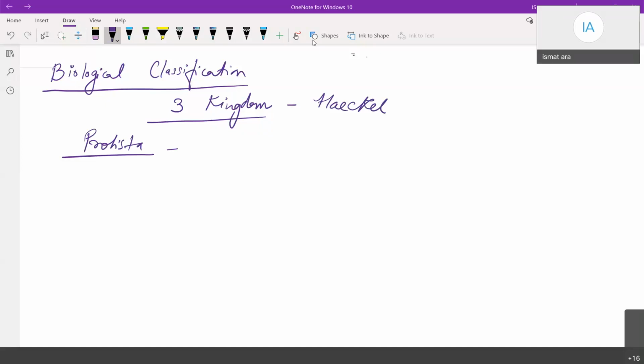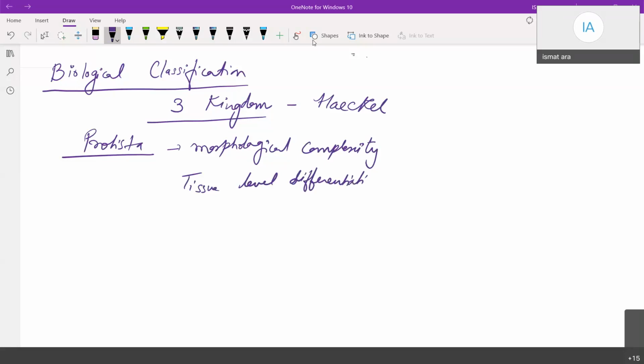In Protista, what happened? Morphological complexity and tissue level differentiation, both are absent.